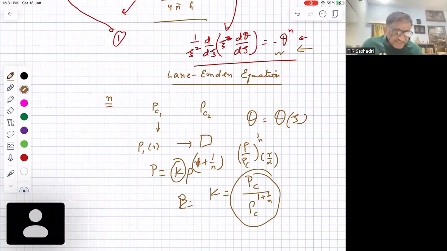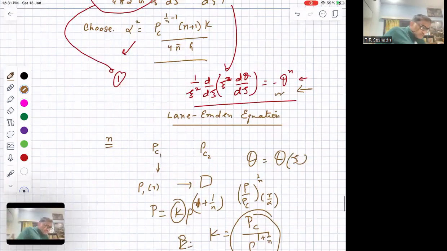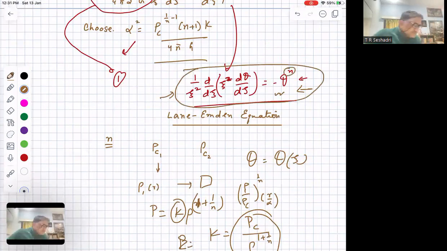If suppose I have a set of stars, a set of systems, all having the same value of n, then remember, this equation, the only parameter it depends on is the value of n in this form.